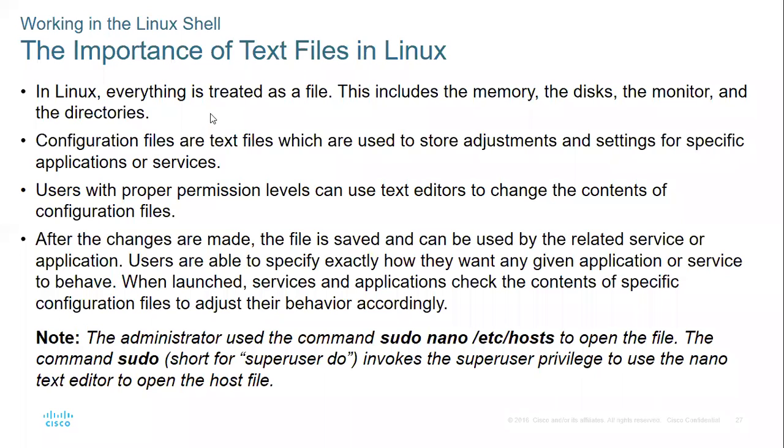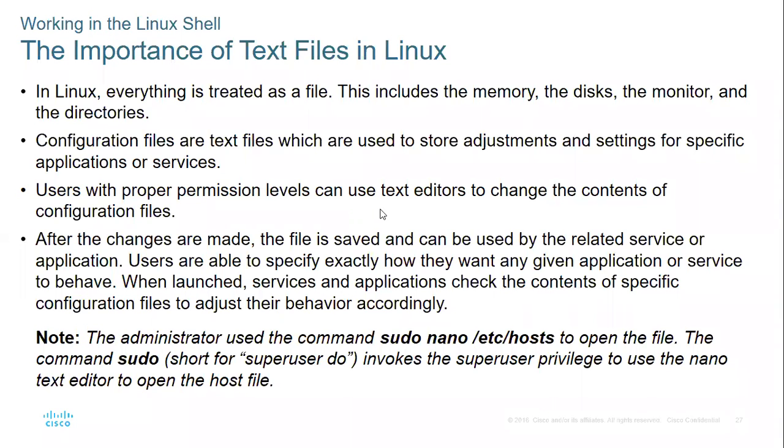Now, why is it that text files are important in Linux? The reason is simple: everything in Linux is treated as a file. The memory is treated as a file. The disks, the monitor, and other directories are treated as files.